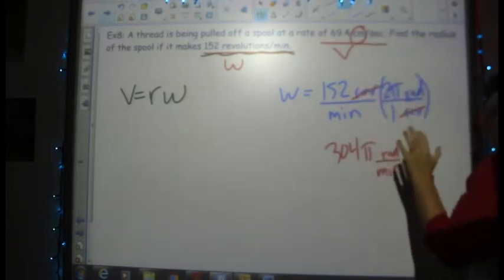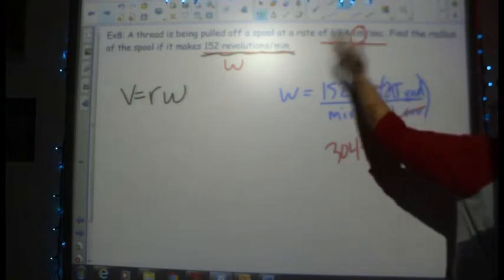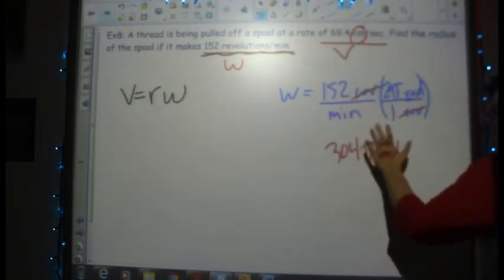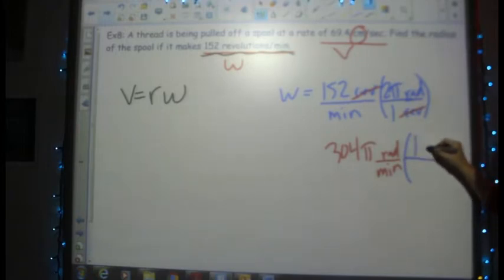However, we just said this is maybe not what we want to use because here it has seconds. So it's your choice. You can either take this one to seconds or this one to minutes. While we're here and already working with the W, I'm going to go ahead and change it into seconds. That way it saves me some time later. So minutes are on the bottom, which means minutes are on top. I'm going to seconds, so 1 minute is 60 seconds.